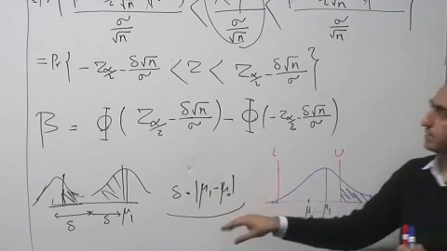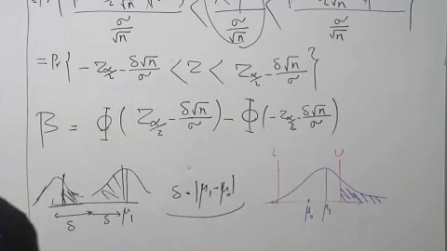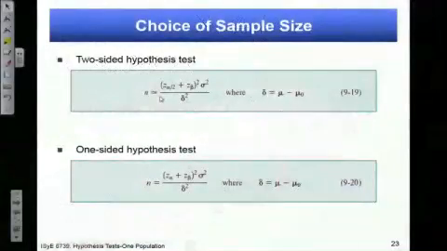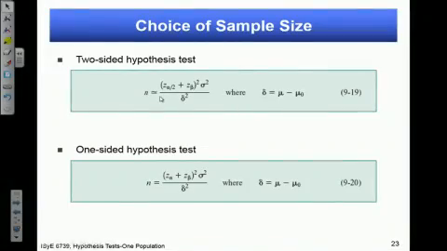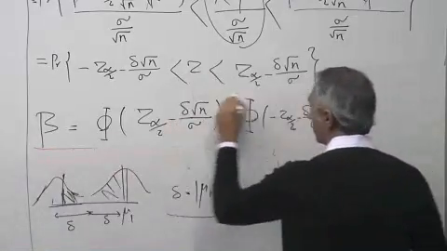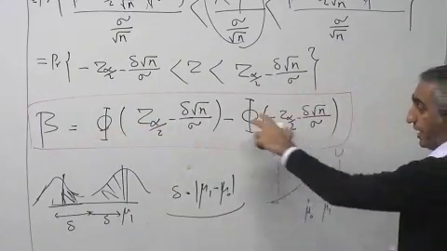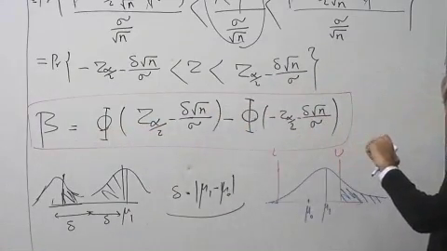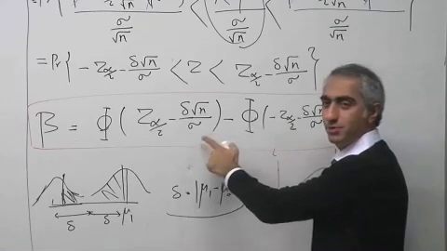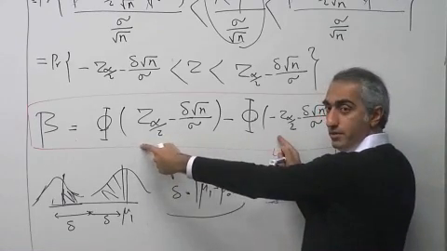When we drop one side, that's why we have this closed form solution, and that's why we have an approximation. Because if you look at beta for two-sided, you need to solve this equation for n, and this doesn't have any closed form solution because you have 2 phi.